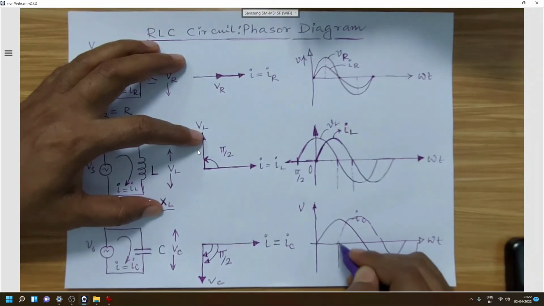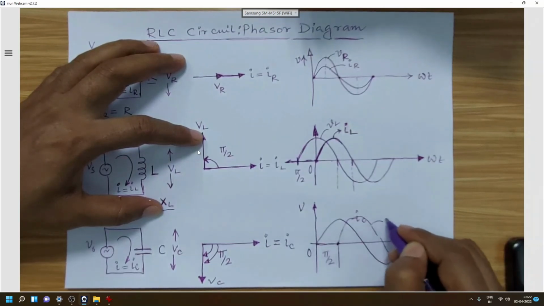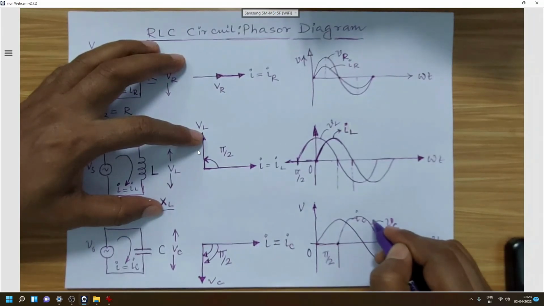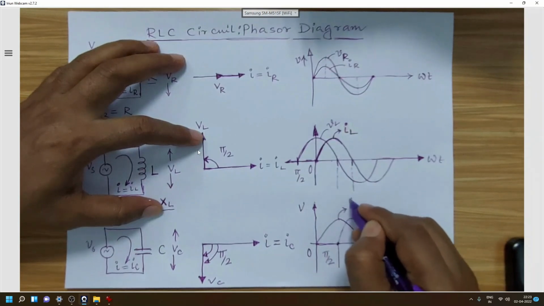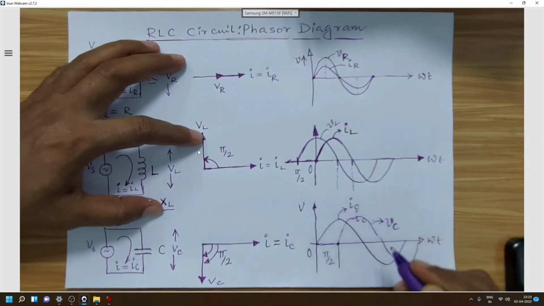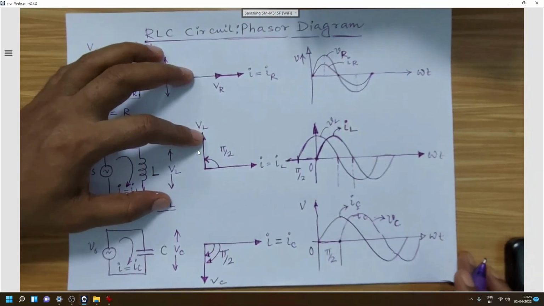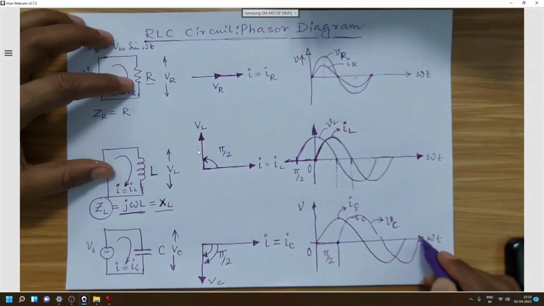As the signal is starting after pi by 2 angle from the origin, this signal will be called the lagging signal, and it will be denoted by Vc here. So this is Vc and this is IC. Here we can see that the phase displacement is also pi by 2 in the time diagram.